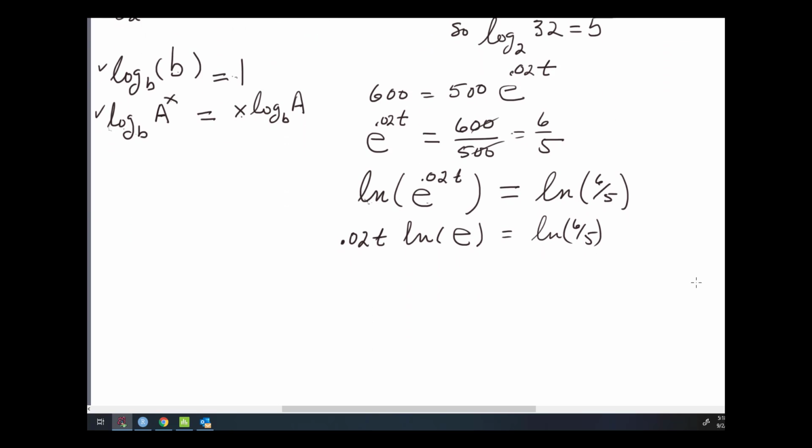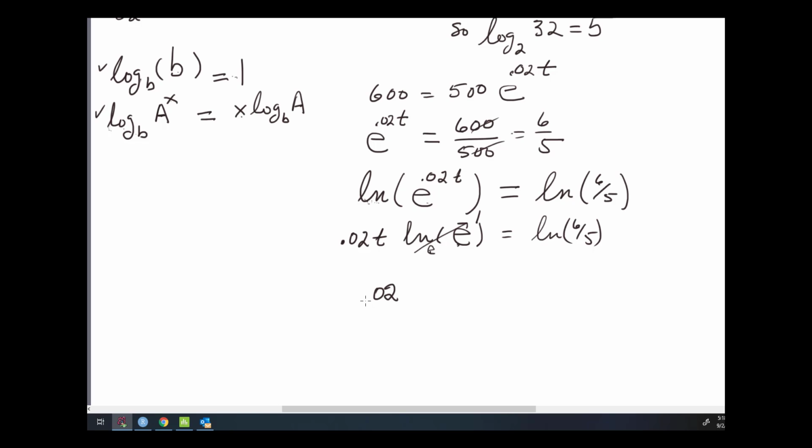Then we use the other property, because remember, this is natural logs. This is log base e of e. We didn't write the little e down here, but we know it's there. e to the what is equal to e? Well, e to the 1. So this expression is just a 1. I knew that was going to happen. That's why I took natural logs, so I'm exploiting that property.